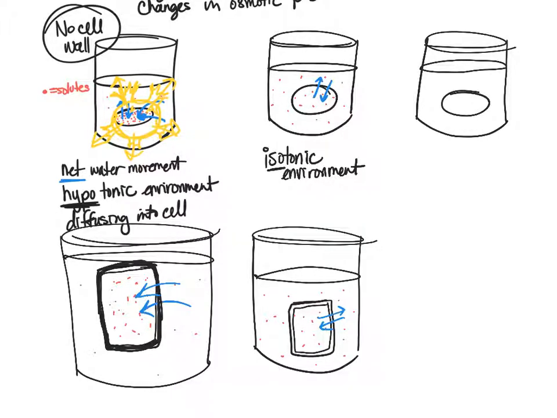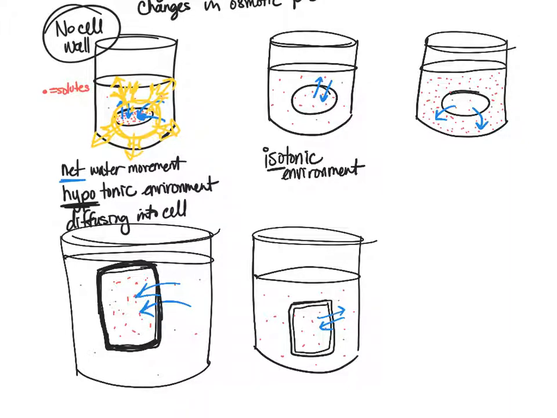We have our cell that does not have a cell wall, and in this case we have few solutes in the cell, and we have lots and lots of solutes outside of the cell. So which direction would we see our net water movement in this case? Get out of the cell. Right? So again, we want to make the concentration equal on both sides. If we're trying to make the concentration equal on both sides, our water is going to move out to try to dilute the contents on the outside of the cell, the medium that it's in or the environment that it's in.